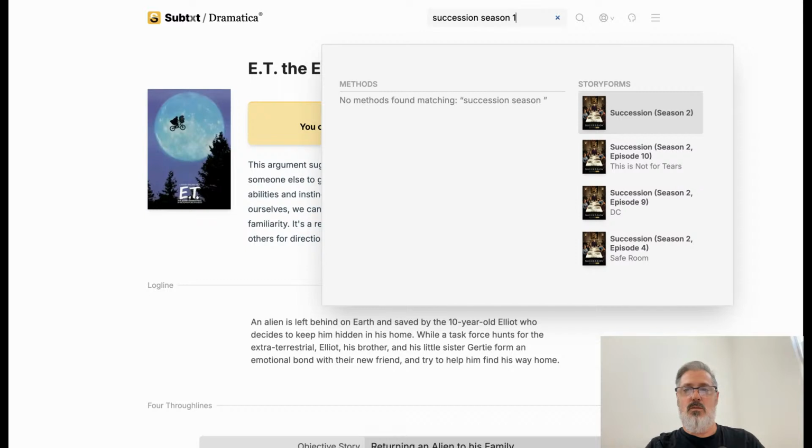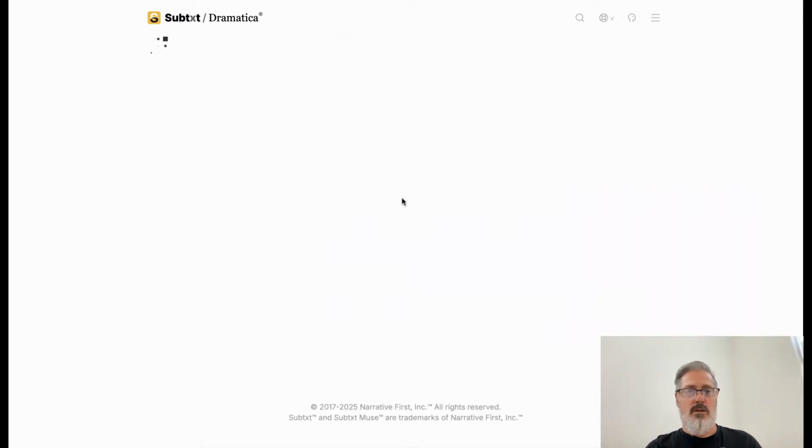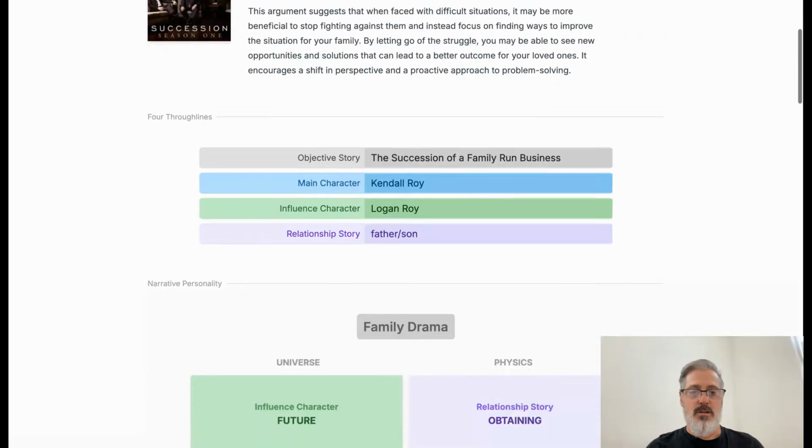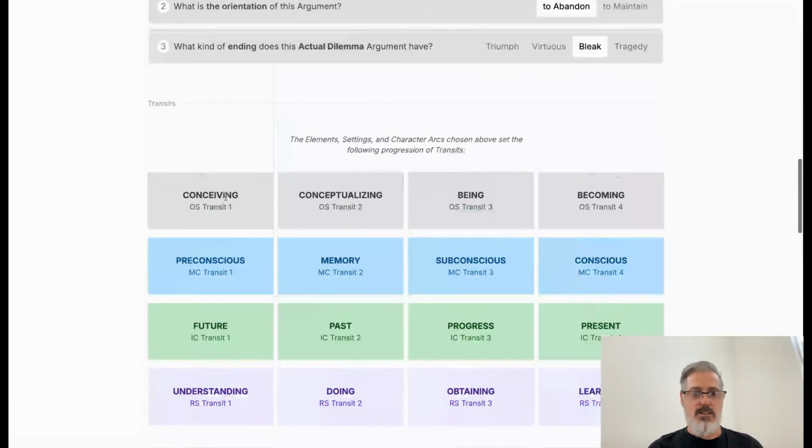So I go to season one, right? So this is the story form for the entire season. All right. So if I come down here and I look at the signposts, these say transits, but just think signposts. And there are 10 episodes for that first season of Succession.